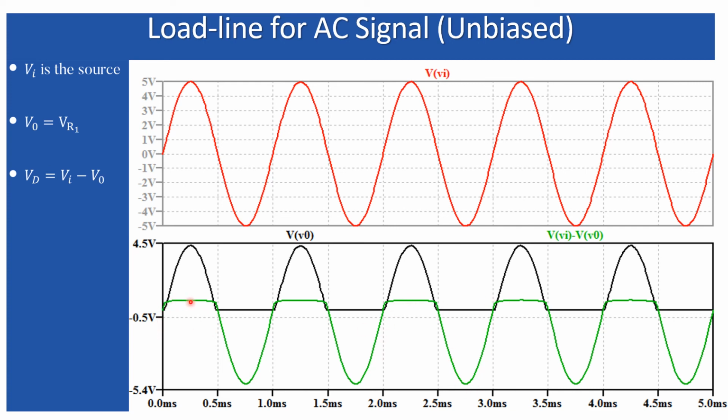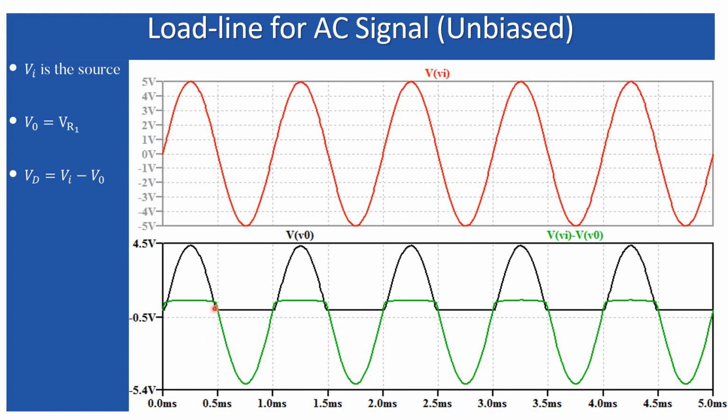Now look, this is the small amount of voltage that we have to bother about. We can't avoid this small voltage, because when the diode is in forward bias, as I have explained, a small amount of voltage gets dropped across the diode. But for the negative half cycle of the input signal, the diode is in reverse bias, and a reverse bias diode turns off the source from the load.